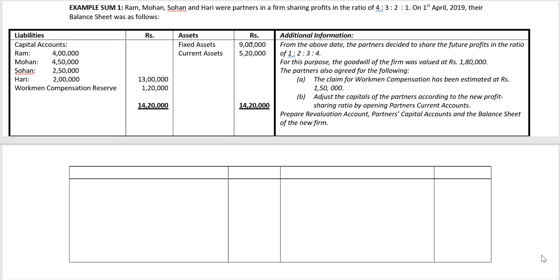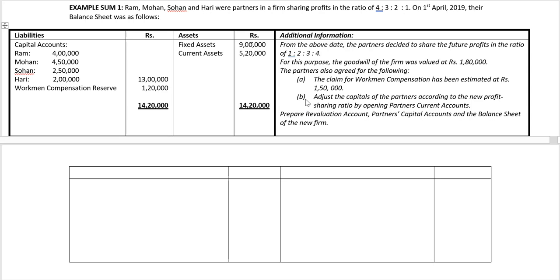A. The claim for workmen compensation has been estimated at Rupees 1,50,000. And B. Adjust the capitals of the partners according to the new profit sharing ratio by opening partners' current accounts. We are asked to prepare the revaluation account, the partners' capital accounts, and the balance sheet of the new firm.